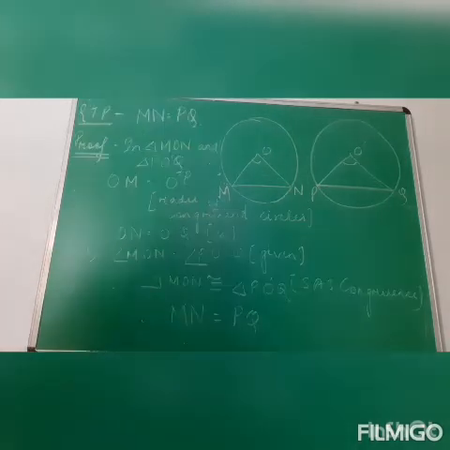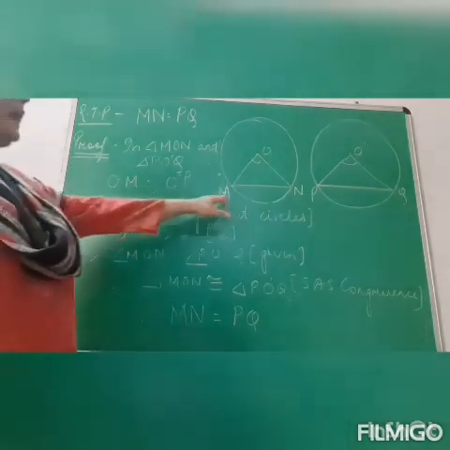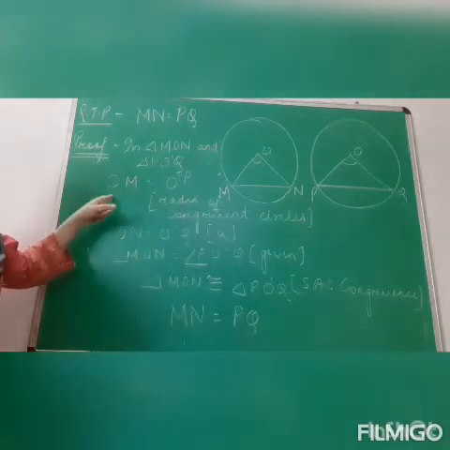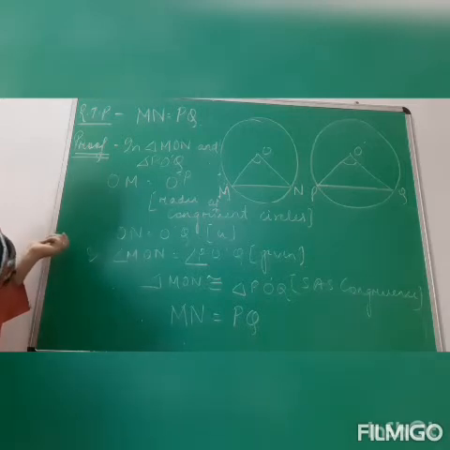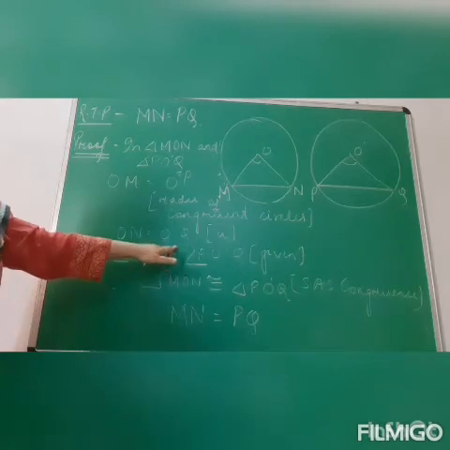In this proof also we will consider the two triangles, triangle MON and PO dash Q. In these two triangles, OM is equal to O dash P, radii of the congruent circles, as we got in the first sum also. Again, ON is equal to O dash Q, the same reason.